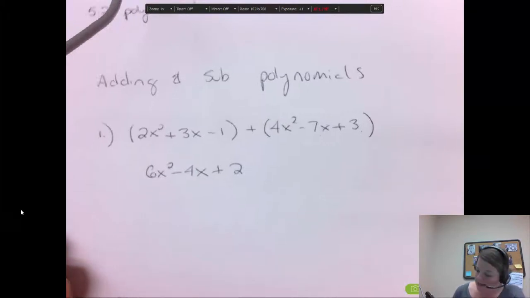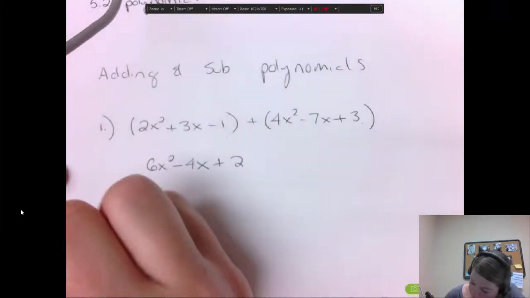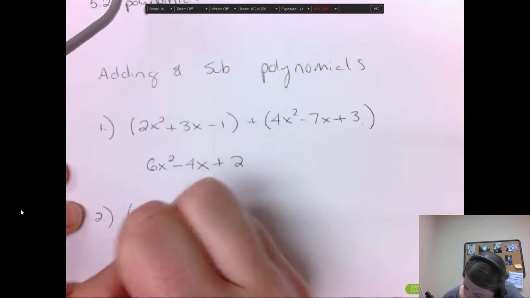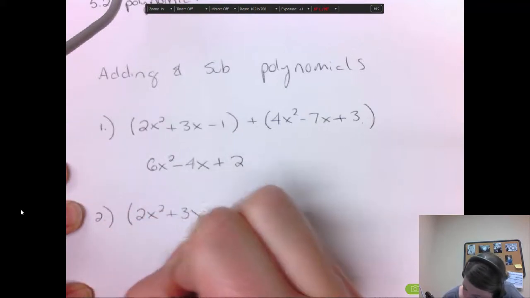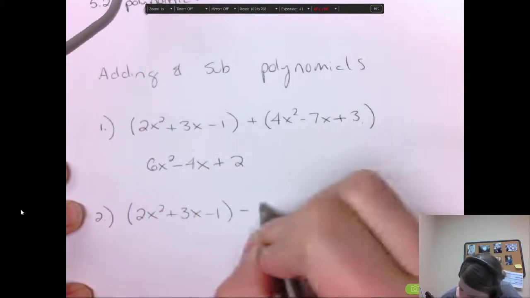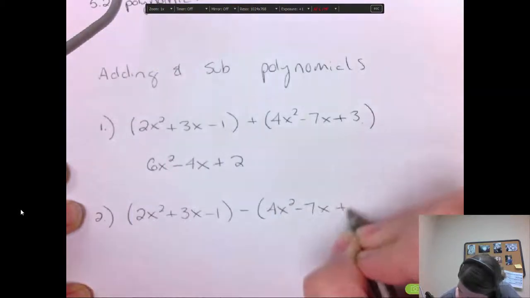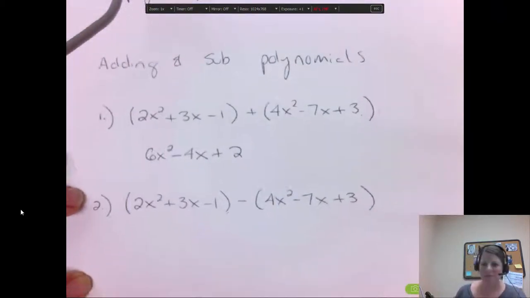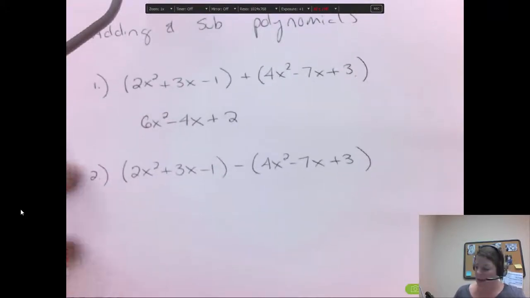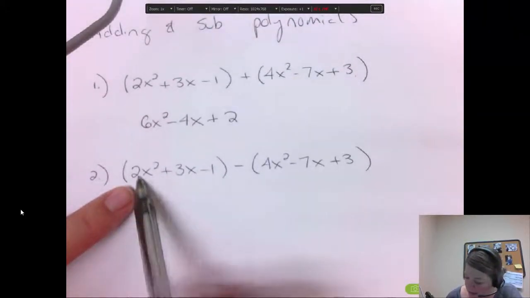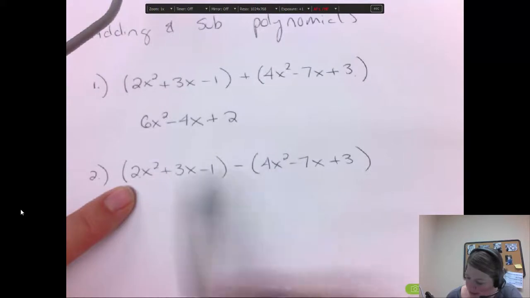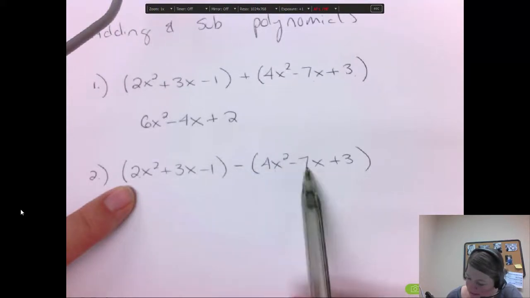Okay, what if these polynomials were subtracted? Same ones. What if I want to subtract those? Well then I'm going to take this one minus this one, minus this one, and so forth.